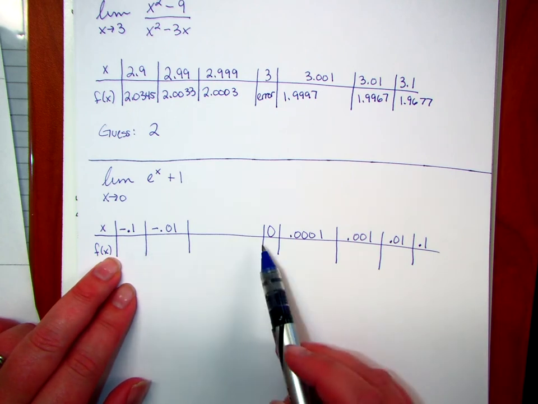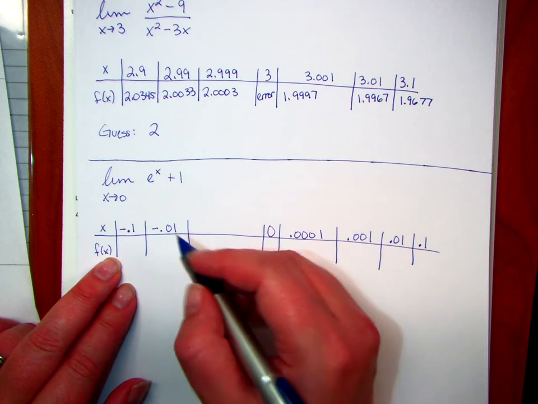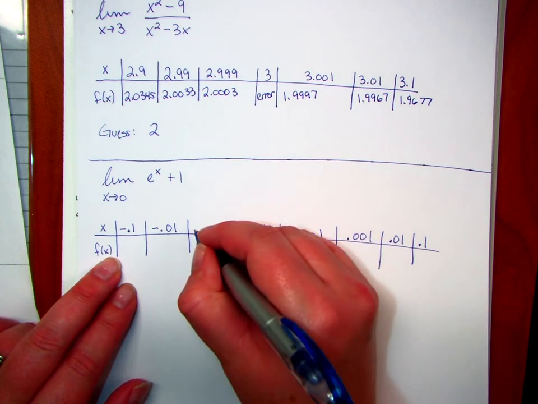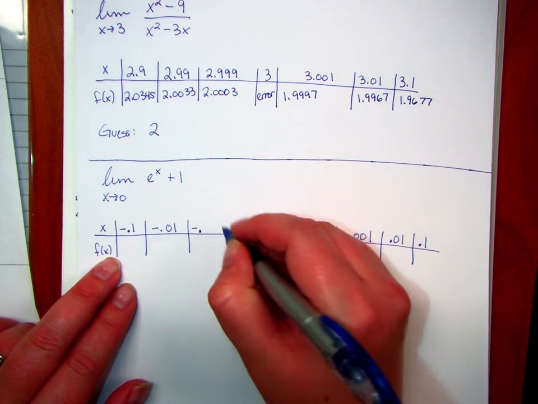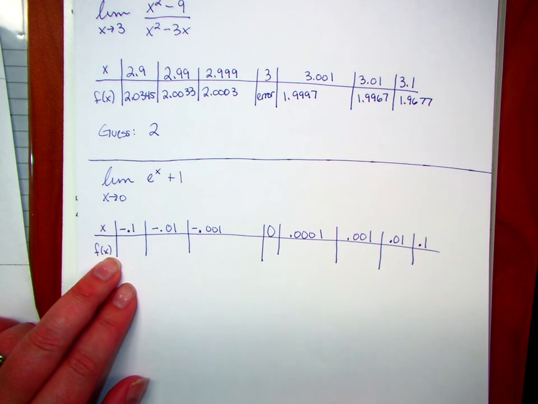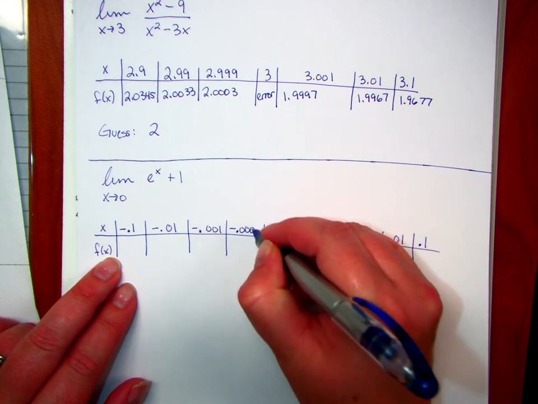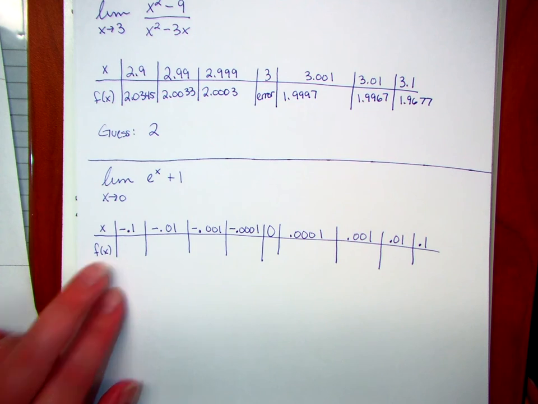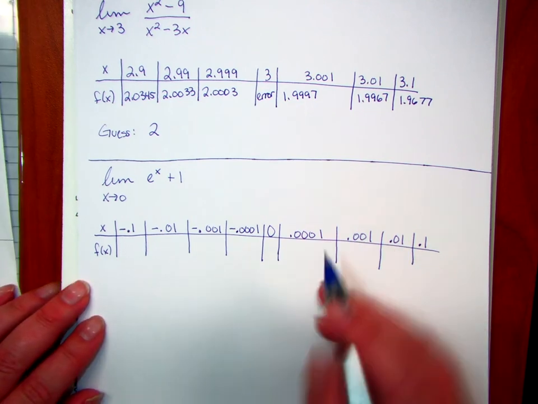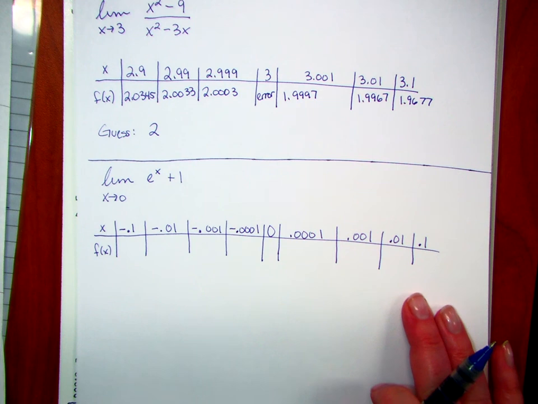So when we go on the negative side here, we're doing 0 minus 100th. Okay, 0 minus 1,000th is negative 0.001, right? Because we're 1,000th away. And then one more, squeeze it in here, 1/10,000th away from 0.